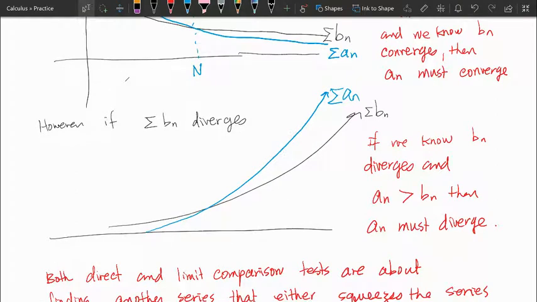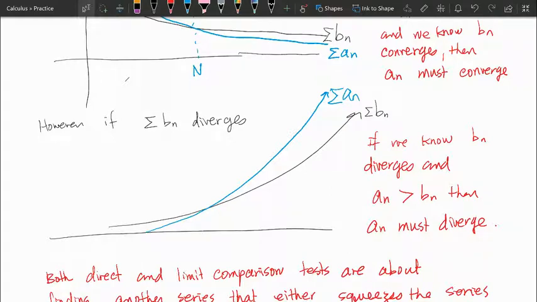If a known series Bn diverges, let's say the harmonic series 1 over n, or any other series you can think of, and you want to show that An diverges, and it turns out that An is greater than Bn, that means it's being lifted up, and since it's positive, it's going away from 0, and it has to also diverge.